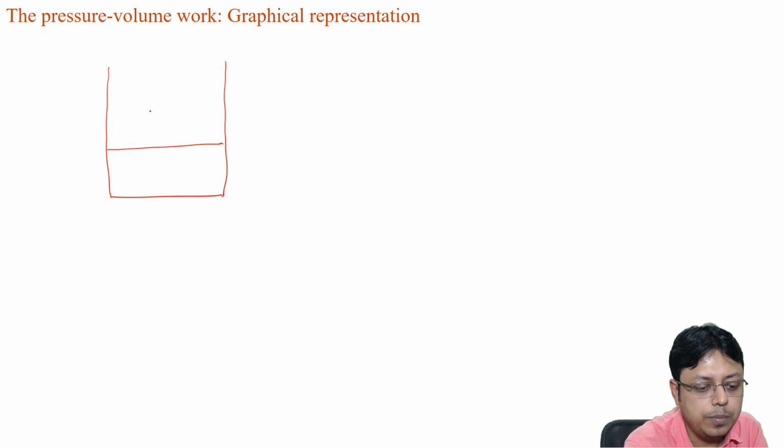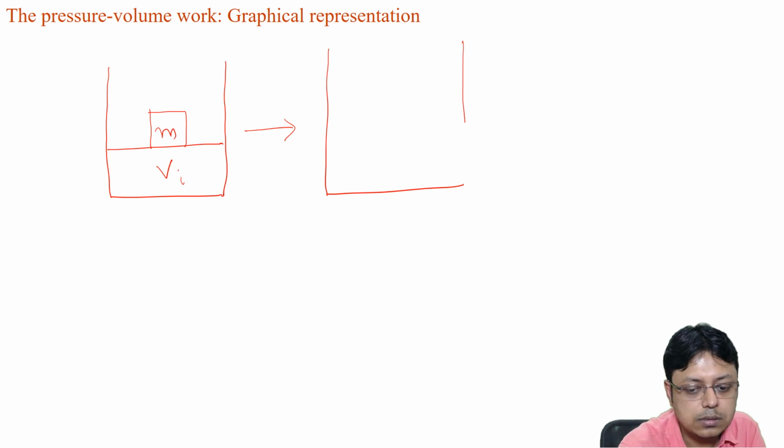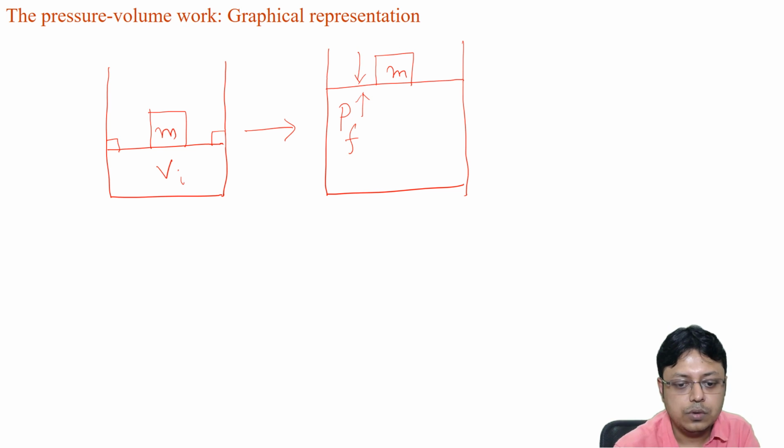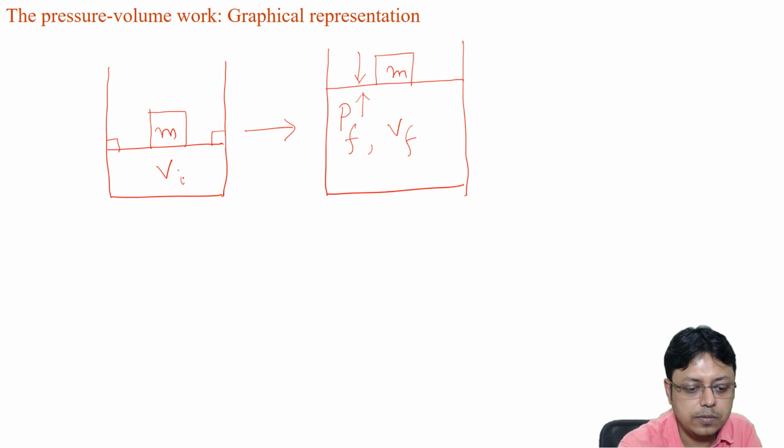Say we put some mass here where the initial volume was Vi, and suppose we then expanded the system until it nicely balances this mass, so that the final pressure is equivalent to the external pressure created by this mass, and the associated volume, suppose, is Vf.